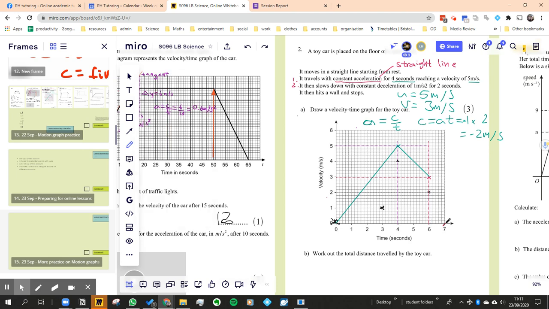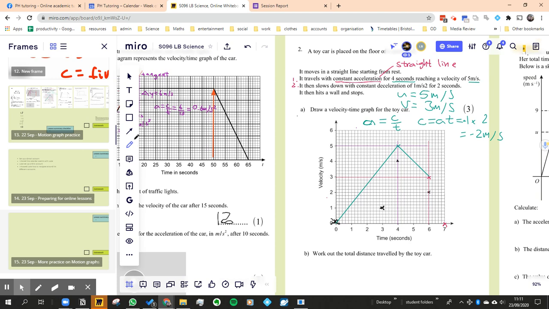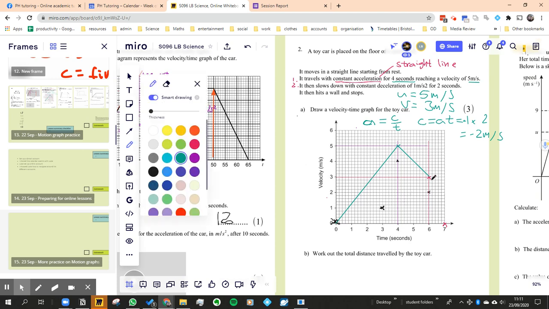So let's say it goes down to here. We'll pick up the green pen, turn on smart drawing, and there. In reality it's not vertical, because if it went vertically down, that's like saying it's an infinite deceleration. You can't do that, obviously. So that is the answer for that question.